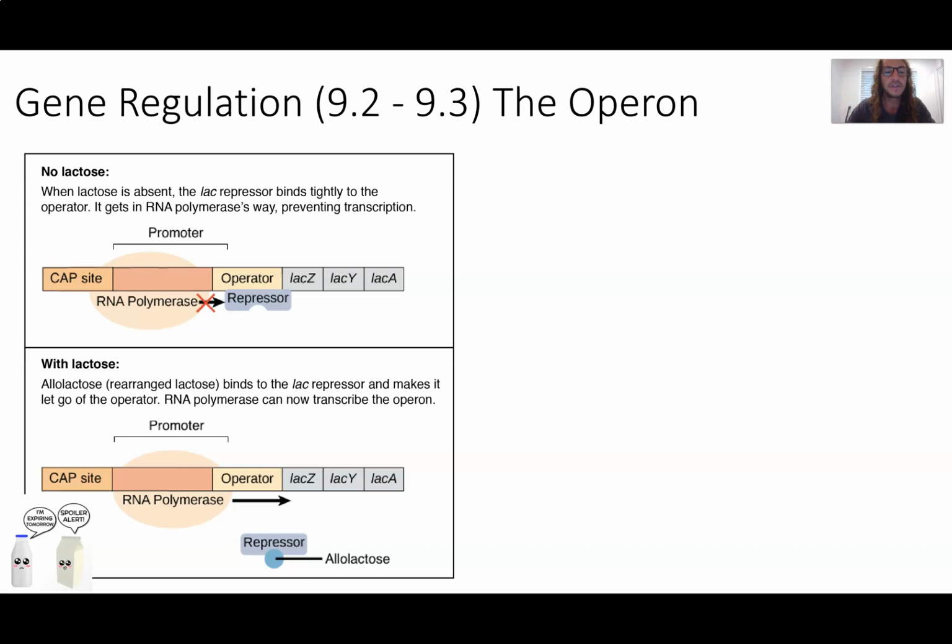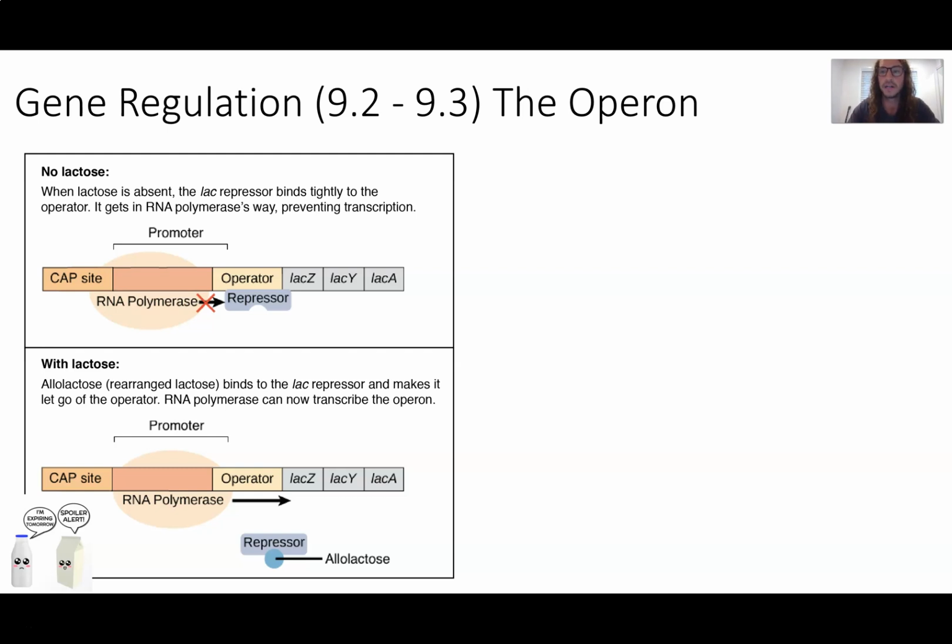If lactose is present, so after we've consumed a glass of milk, then this lactose binds to the repressor. And what happens there is that the repressor physically begins to change shape, thus releasing it from the operator.